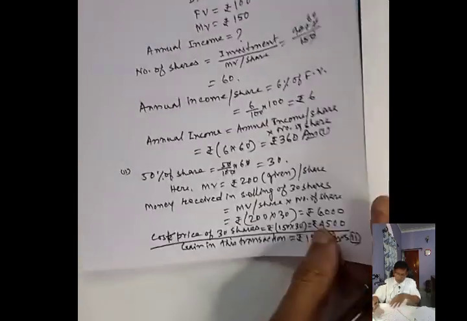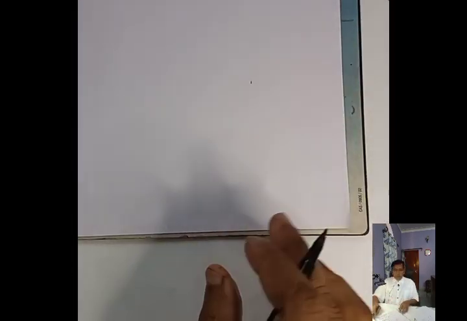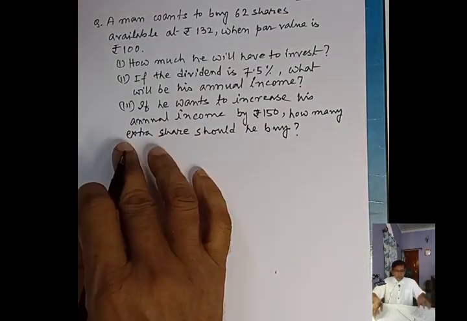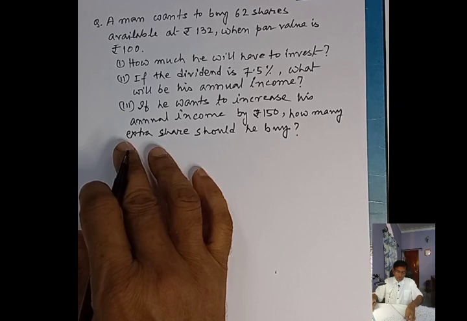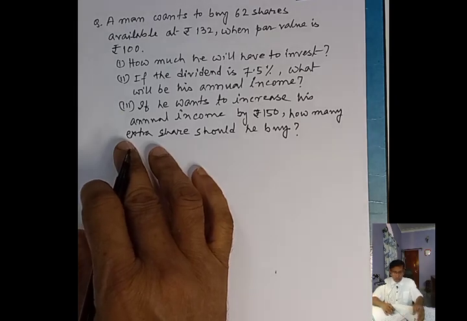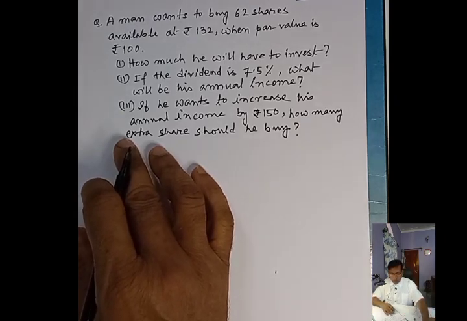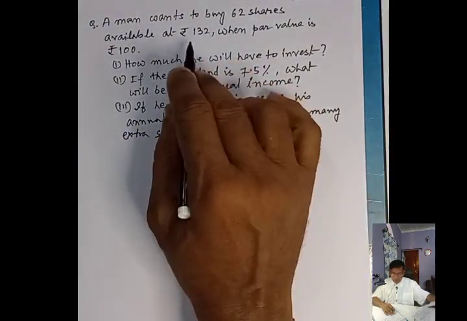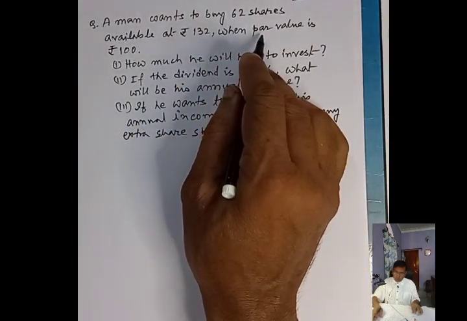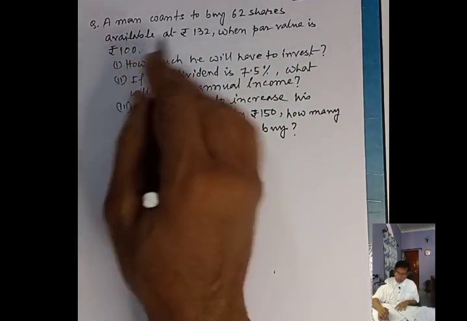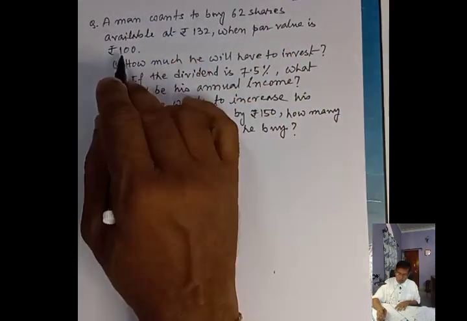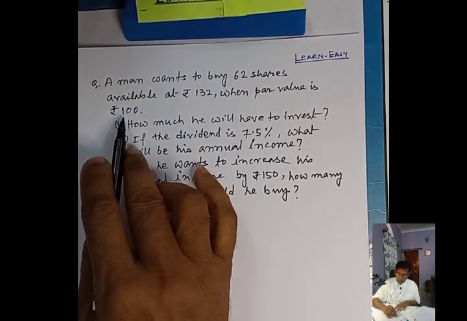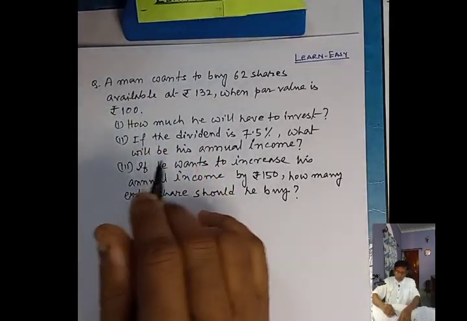Now this sum is completed. Now I am solving another sum. A man wants to buy 62 shares available at 132 when par value is 100. That means MV is 132 and FV is 100.